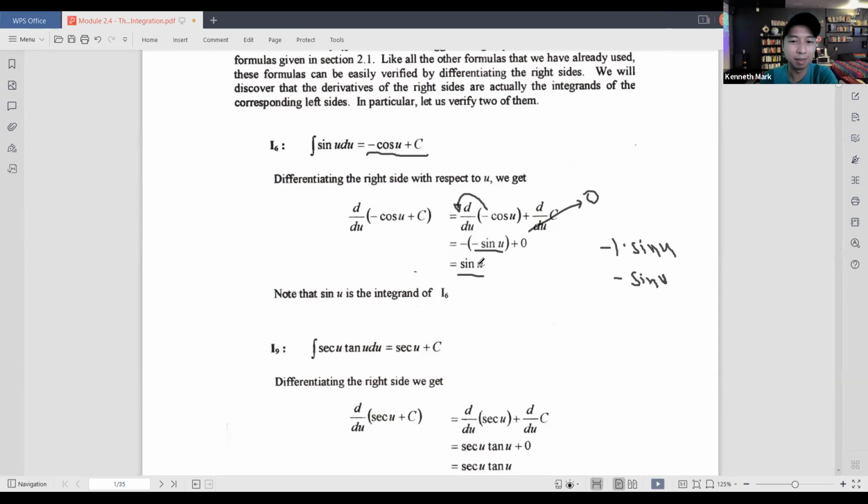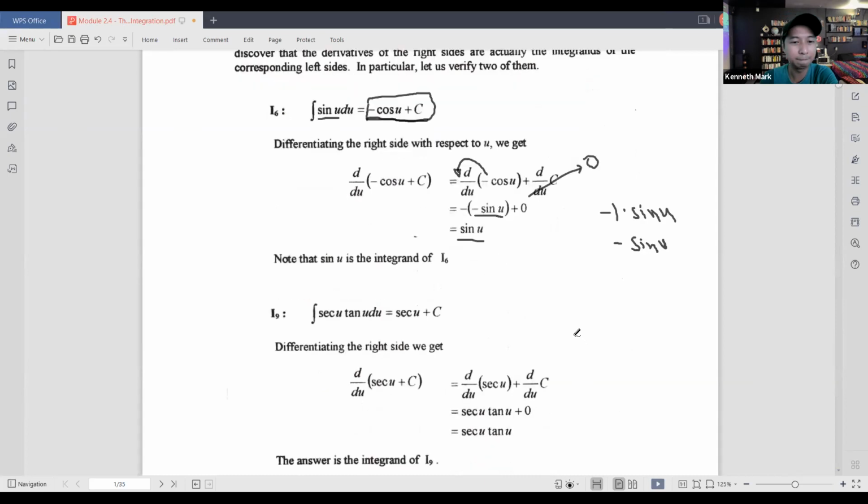So notice that the sine u here, which is the derivative of this particular equation, is our integrand dito. Okay, so we have integral of sine u du. So ito na yung integrand natin. Okay, so this proves that the integral of sine u du is just equal to negative cosine u plus c, or the differential or the derivative of this particular equation.